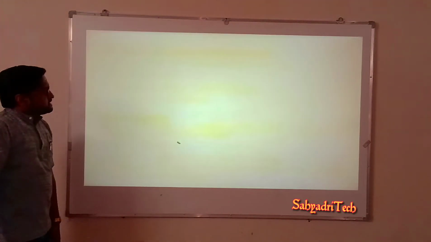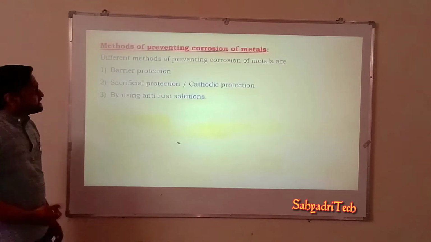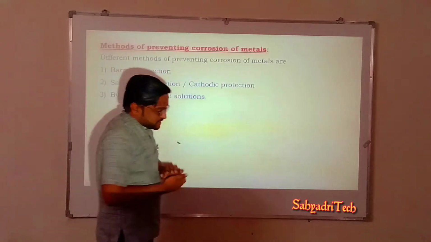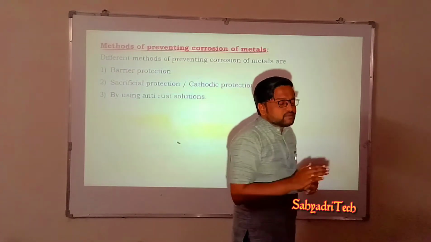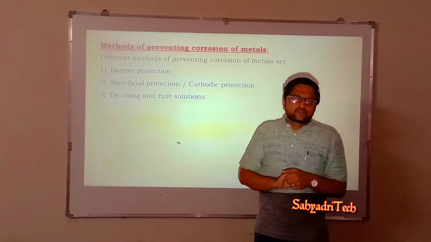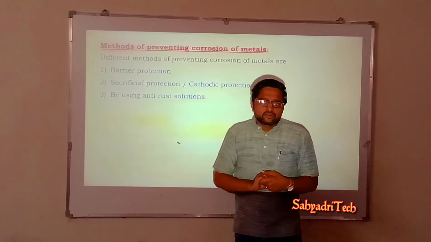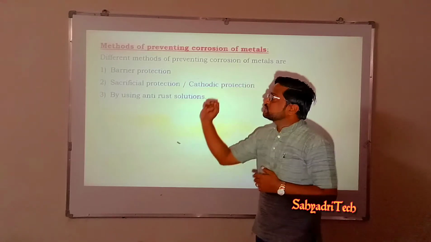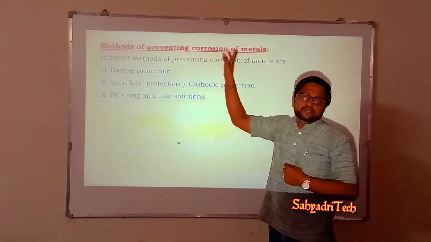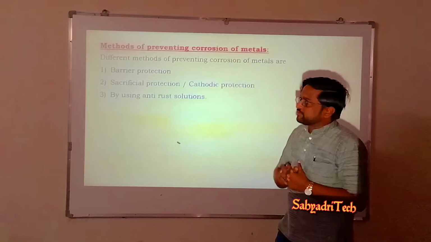Then, if I consider methods of preventing corrosion of metals. If you leave the metals to get corroded, what happens? It's a great economic loss. Therefore, to avoid this, it is necessary to think of prevention of corrosion of metals.